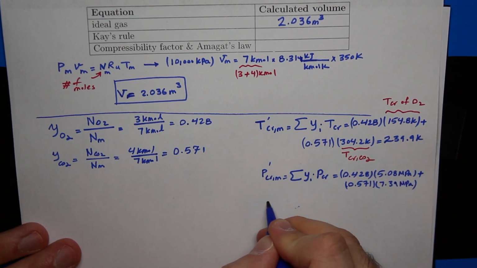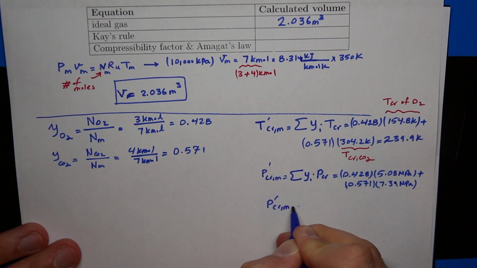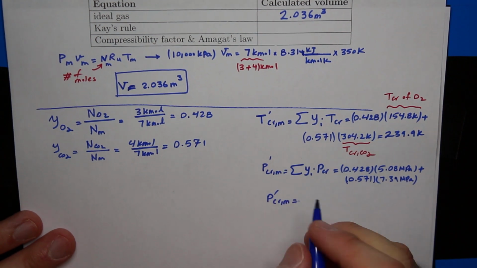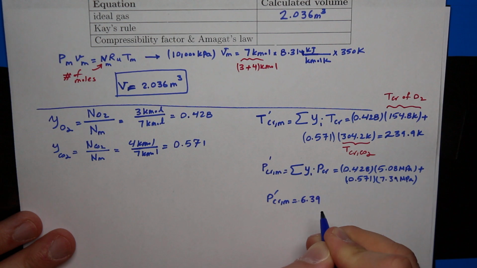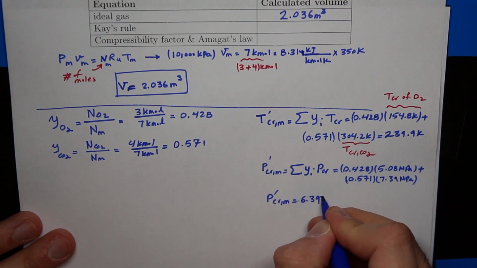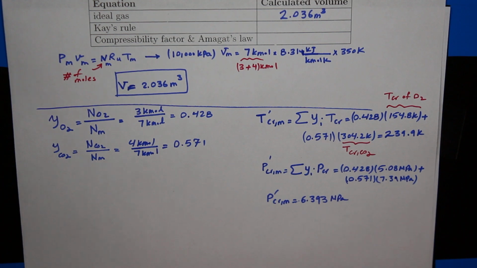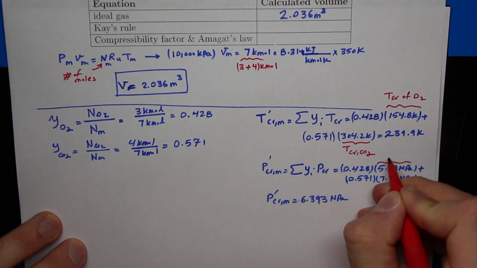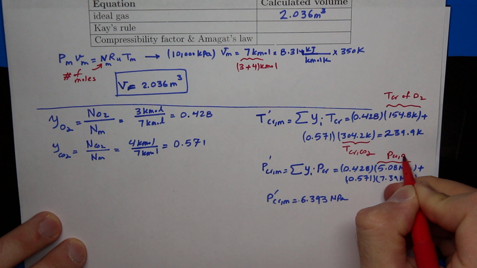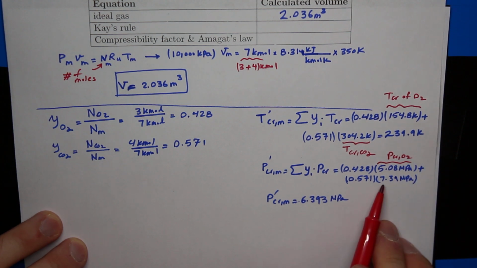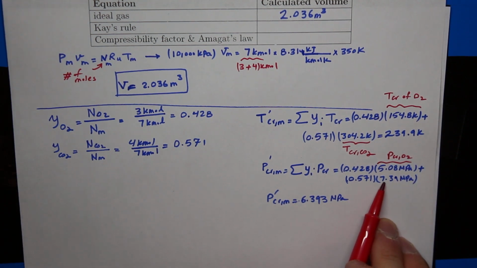All right, so that gives me the critical pressure for the mixture equal to 6.393 megapascal. Okay, so once again, this number is P critical of oxygen, and likewise this one is P critical of CO2.